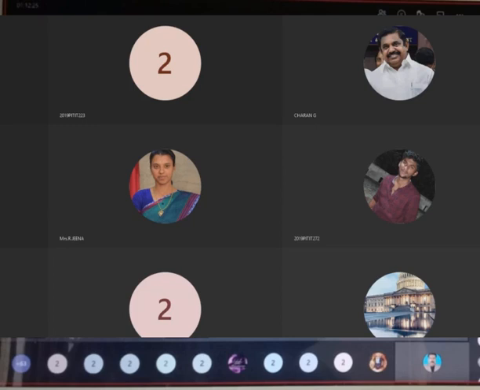2 within bracket n minus 1, n minus 2 plus, the last term is n minus upper limit, n minus 1. Okay, which is equivalent to 2 within bracket n minus 1 plus n minus 2 plus, cancel n and n.